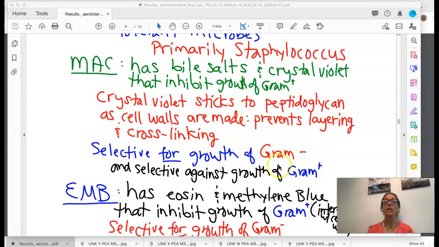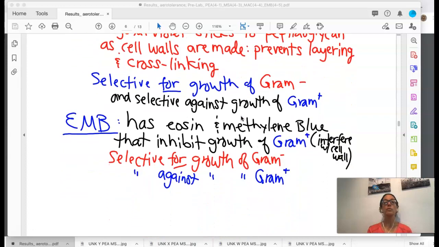Many of the gram-negative organisms that are on our unknown list are found in the digestive tract. Bile salts are a chemical in the digestive tract. So gram negatives are often resistant to that, and the gram positives cannot grow in their presence. And the last media for which we'll discuss selectivity is EMB.